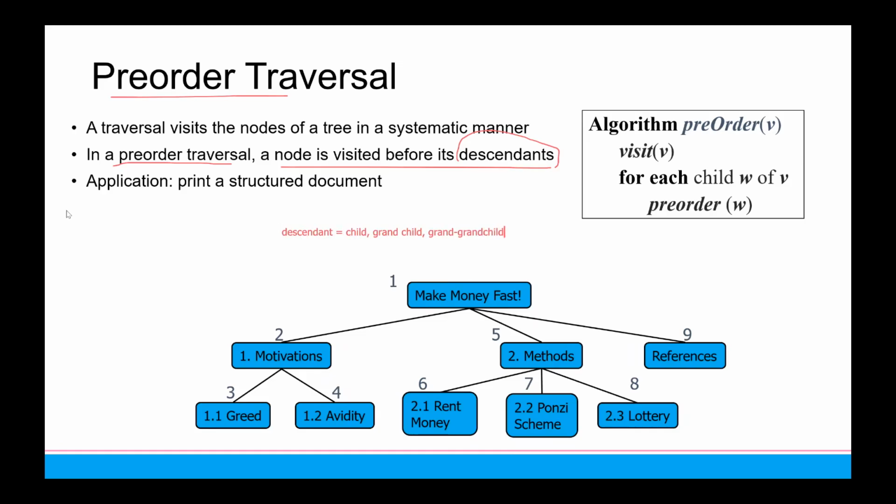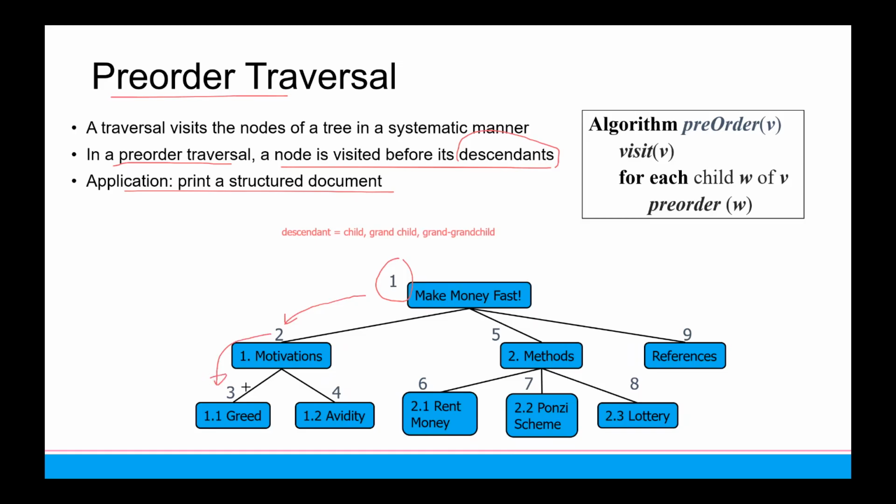The application is how to print a structured document. So for example, I want to know how to make a manifest. And this is the first. And then you can go to the next. Oh, this is the descendant. So we want to check what is the motivation. And then we go to this part.